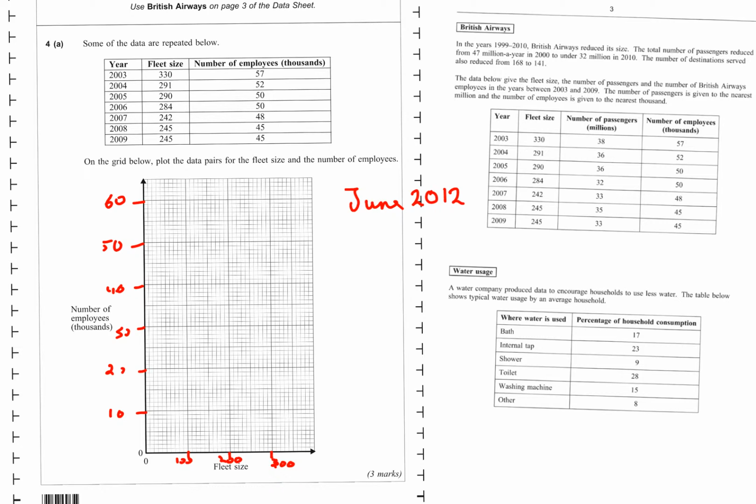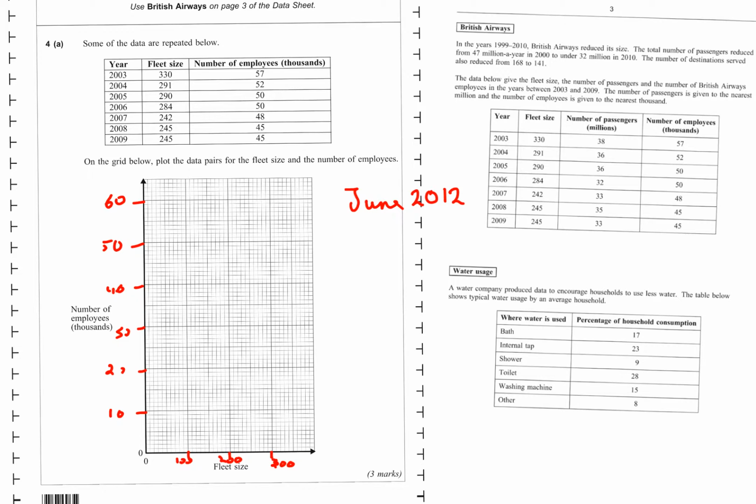So if I go to my 57, that is 50, 1, 2, 3, 4, 5, 6, 7. The thing about this is make sure you have a ruler in the exam. So you can put your ruler here and go all the way to 330. That'll be 1, 2, 3. So it's about here.